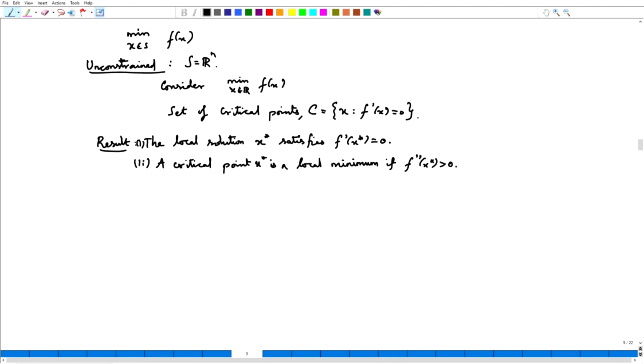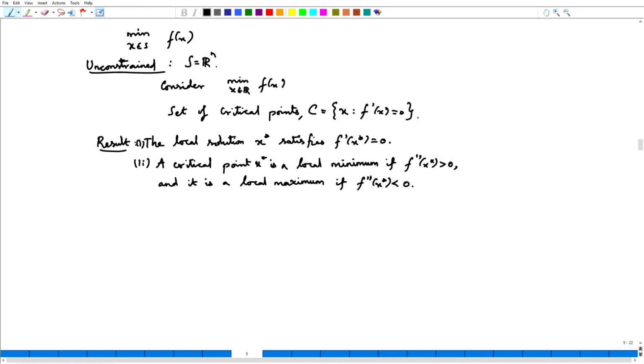Okay. And it is a local maximum if f double dash of x star is less than 0.